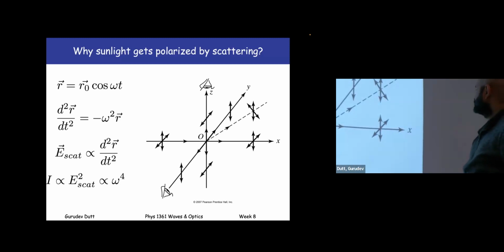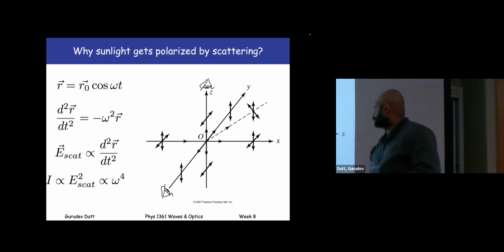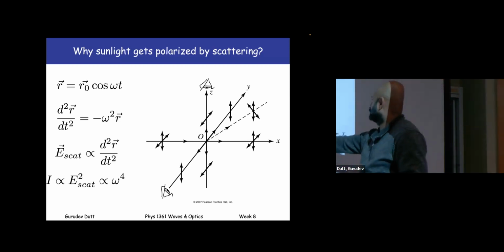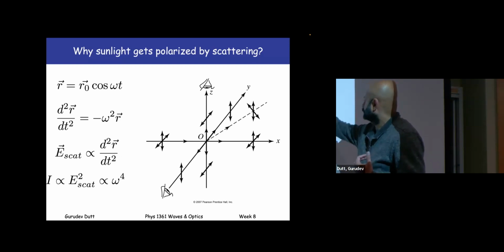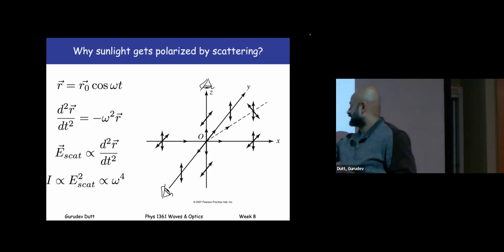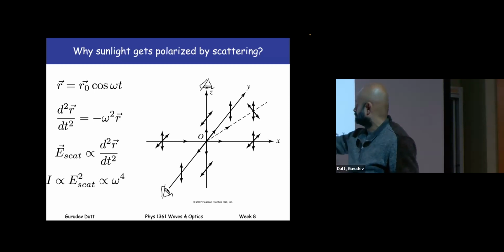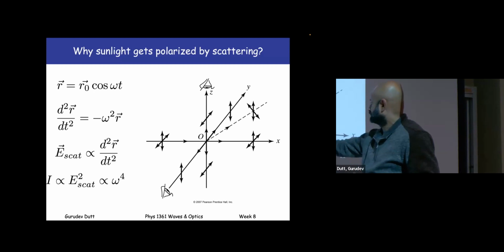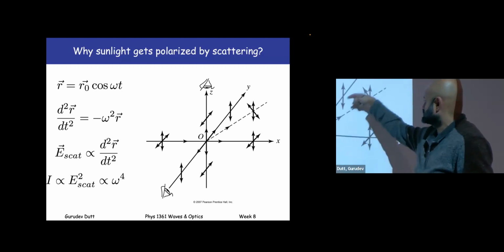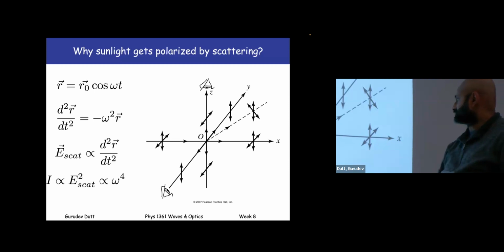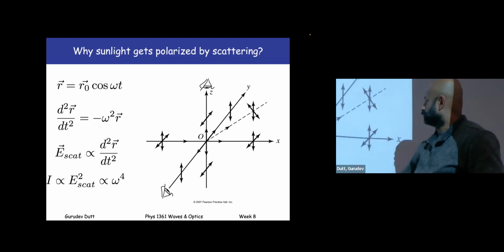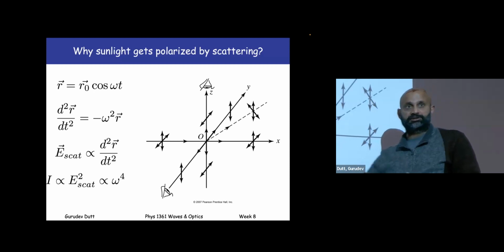And precisely at 90 degrees with respect to the dipole, you'll see that the dipole does not radiate in that direction. So at exactly 90 degrees here, there is a perfect polarization, which is due to the dipole that's oriented in that direction, but the dipole that's along the same axis as this direction does not have any component in this direction.